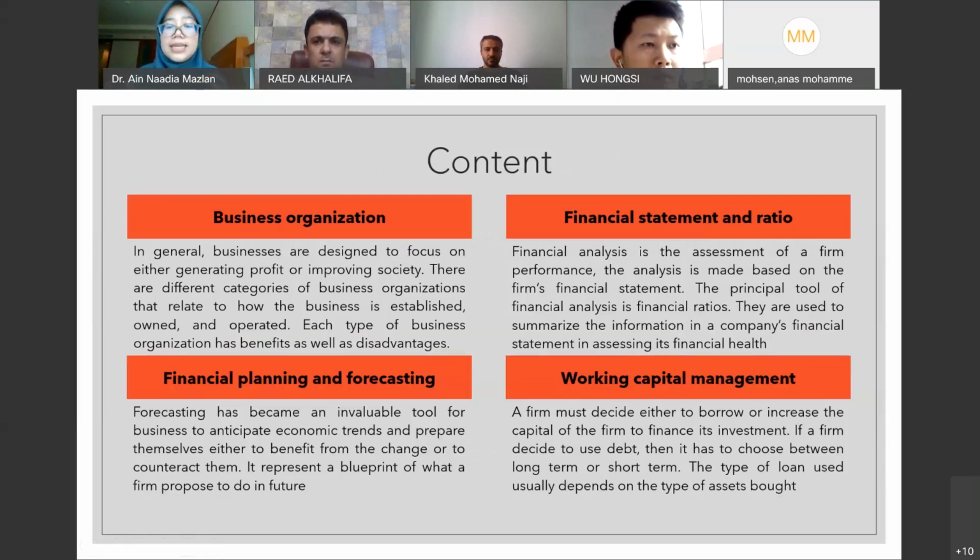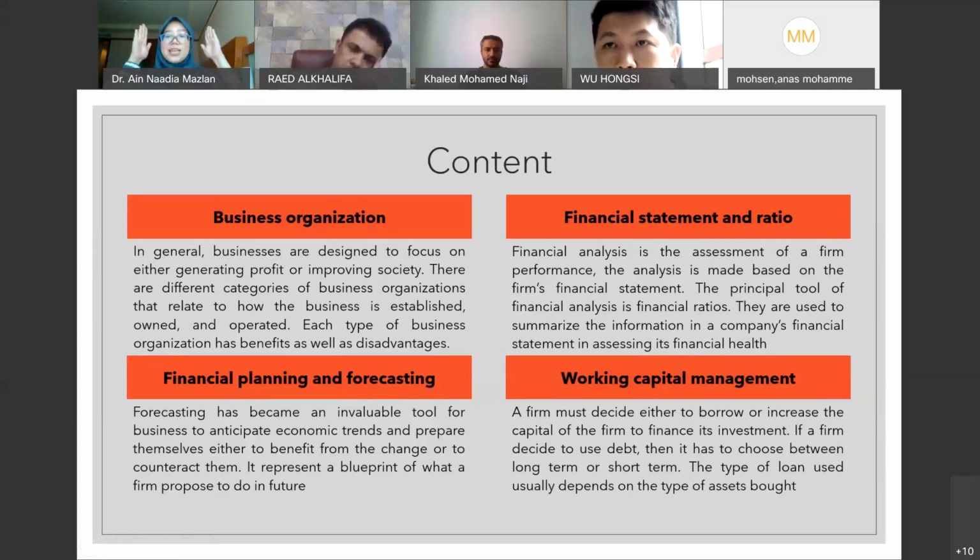The first one is the business organization. In business organization, you're going to learn three structures. The first one is the sole proprietor, meaning that there's only you as a person opening your company. Second is a partnership, and the third one is a company itself.